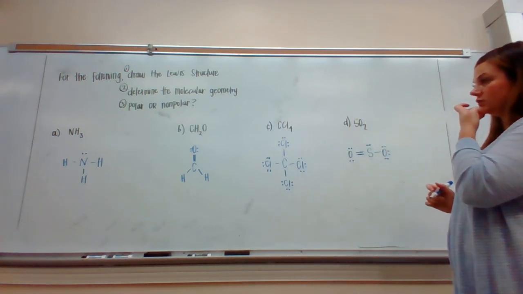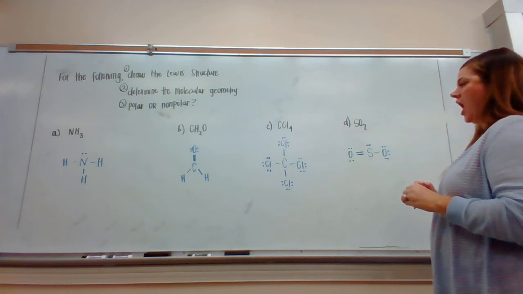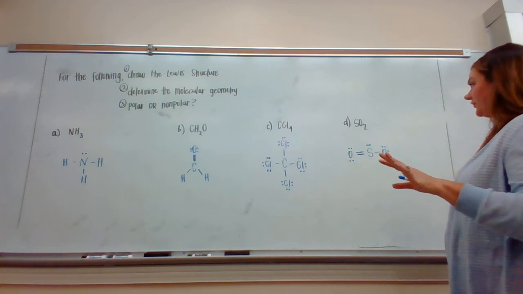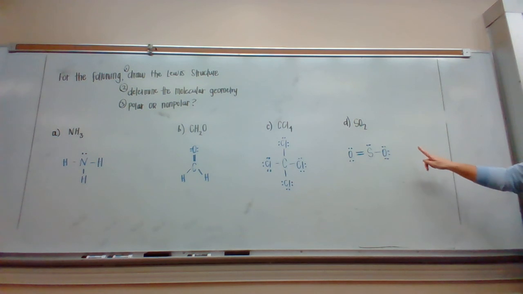Alright, so here are my 4 Lewis structures. Before I go any further, are there any questions about how I drew those? Any of you miss SO2, I might scream. I've done this one like 3 times now.